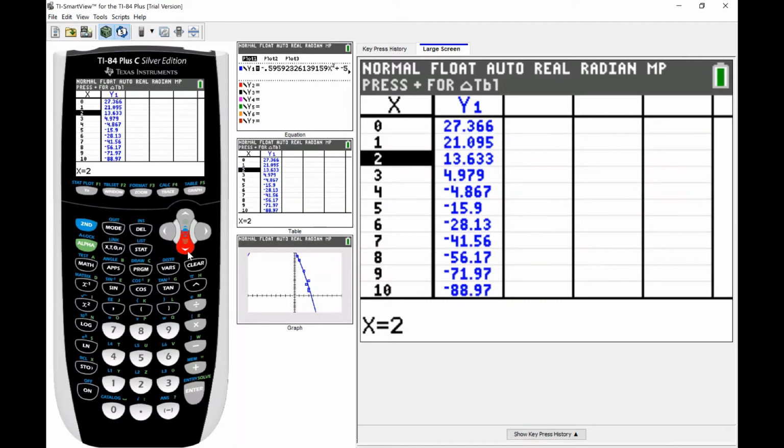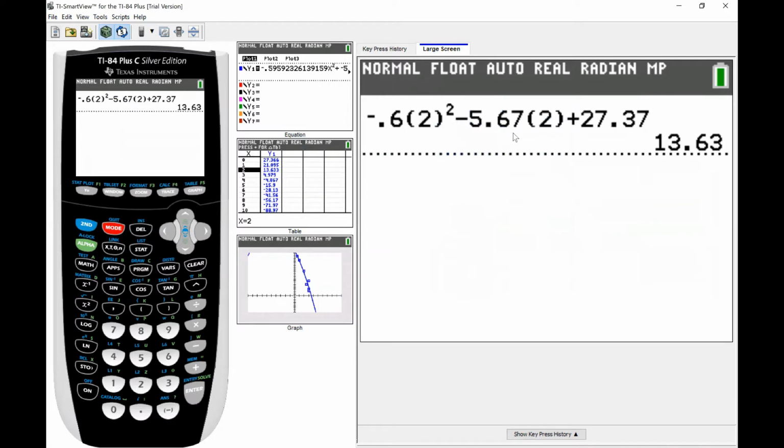Oh, it's 13.63 as well. So that was fine that we rounded. Sometimes it gets a little off, right? So it might be like 13.65 or something. It might just be a little bit off because we rounded our decimals, and the answer that we wrote down, or the answer that's on our home screen, which is right here, we rounded those decimals, but we didn't in y equals.